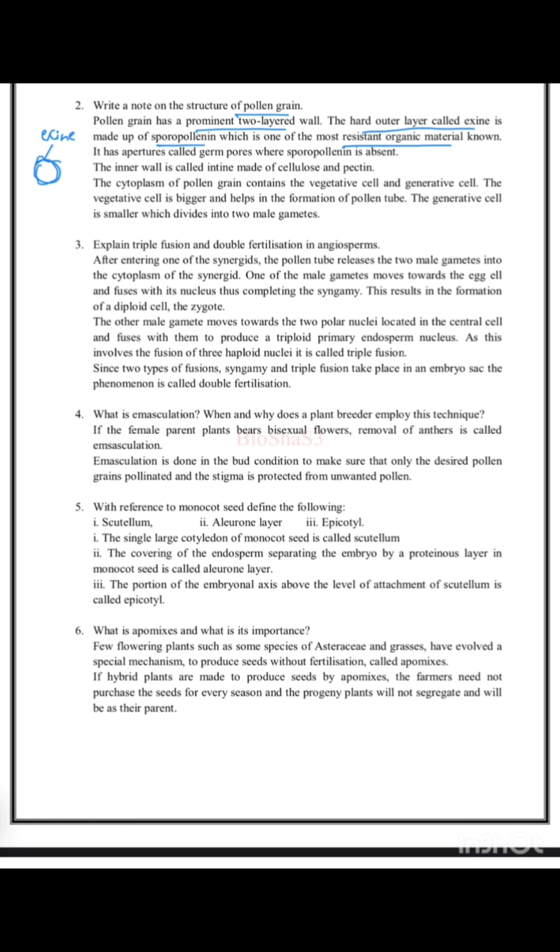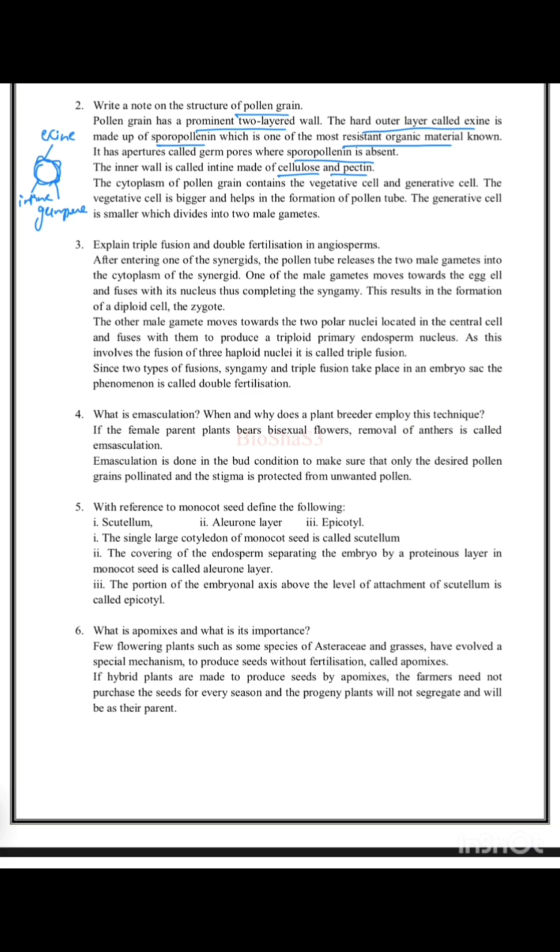So somewhere you have openings like this. That is called a germ pore, where sporopollenin is absent. The inner wall layer is called the intine, inner to the exine, made up of cellulose and pectin. So this composition is important.